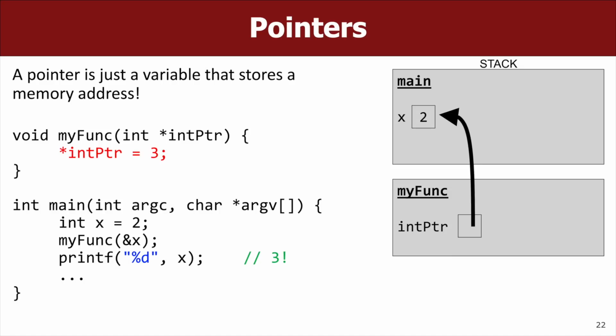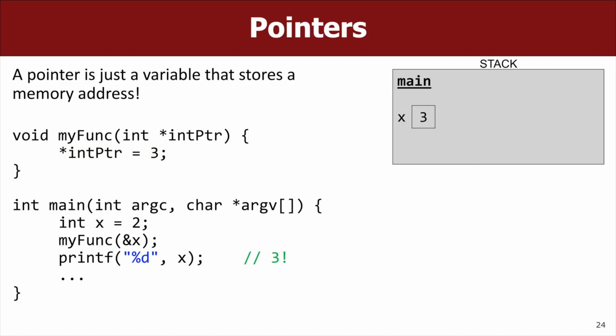So in this case, it would update that value in x's box in main to be 3. Then when myfunc finishes, its stack frame goes away, and all local variables go away. When we go back to main and print out the value of x, it's now 3 because myfunc changed it. It got the address, the location of x, and it went and changed what was there.